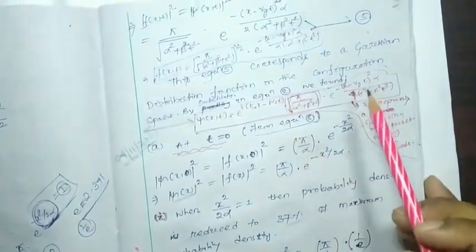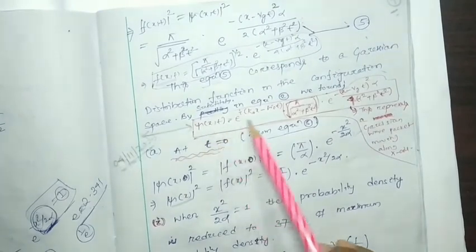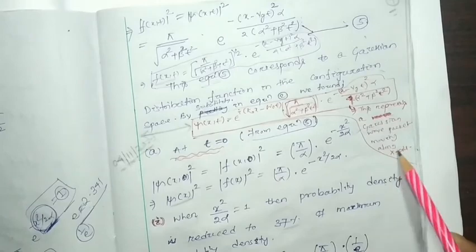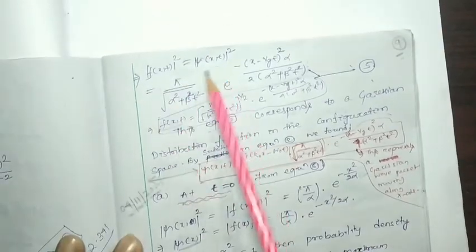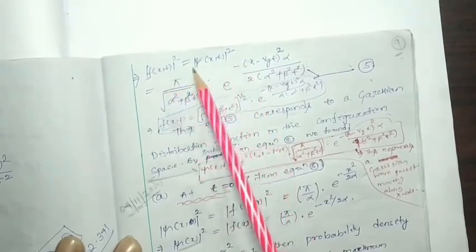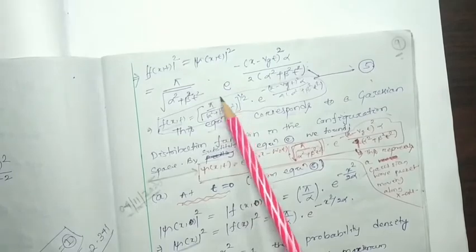Here we found that this represents the Gaussian wave packet which is moving along the x-axis, and in equation number 5, mod square of psi(x,t) is equal to this value.